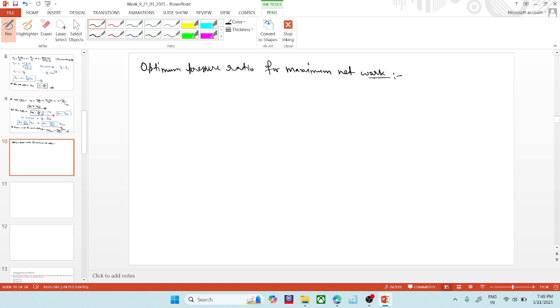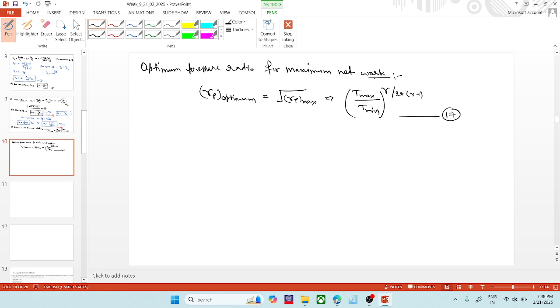This is the RP optimum, and it is the square root of RP max, or in other words, it would be T max by T min to the power gamma divided by 2 into gamma minus 1. This would be equation number 17.